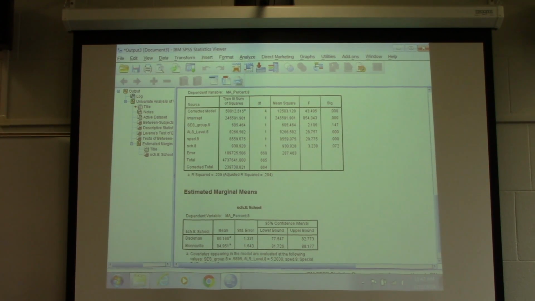And if I had done so, one may have looked at these adjusted means and concluded Backman actually has higher test scores than Bonneville. Unfortunately, more often than not, we conclude Backman's a failing school, we put them under various sanctions, maybe even a state takeover, and it's just a bad use of data.